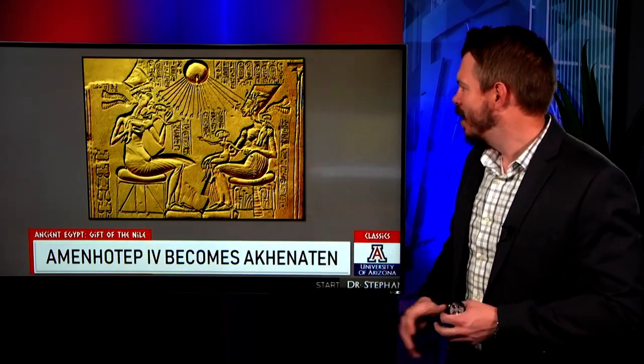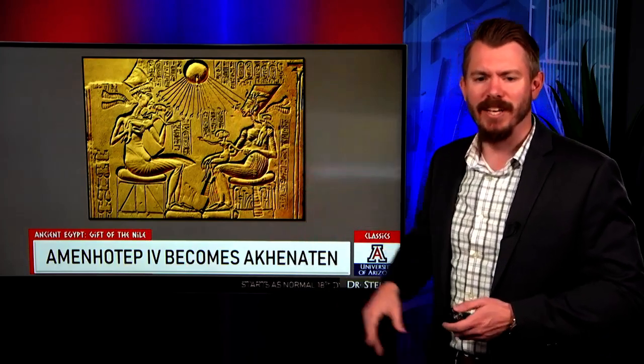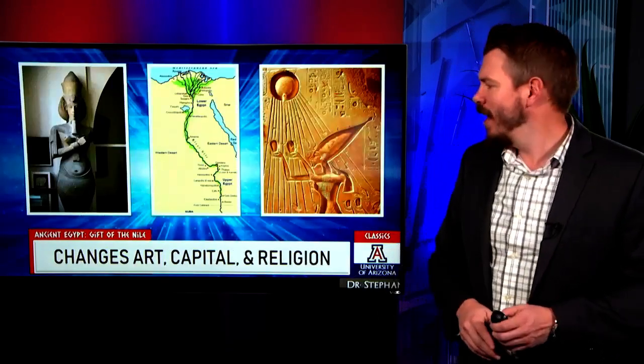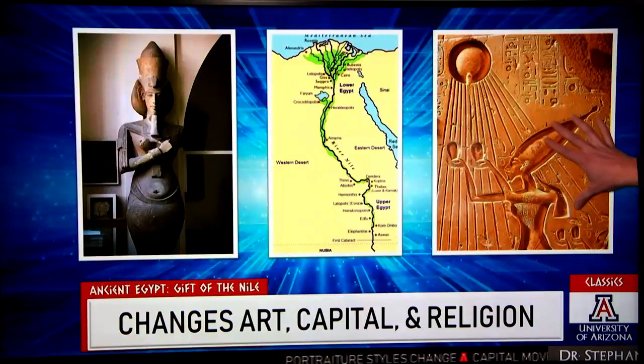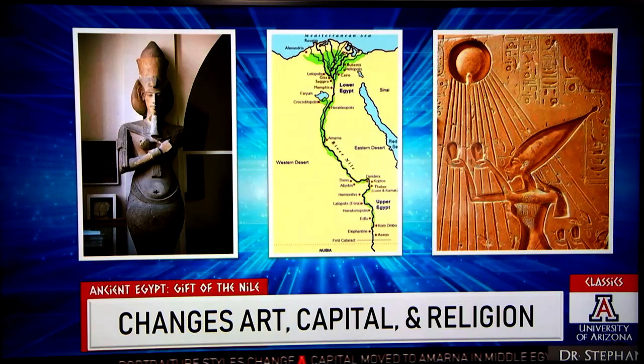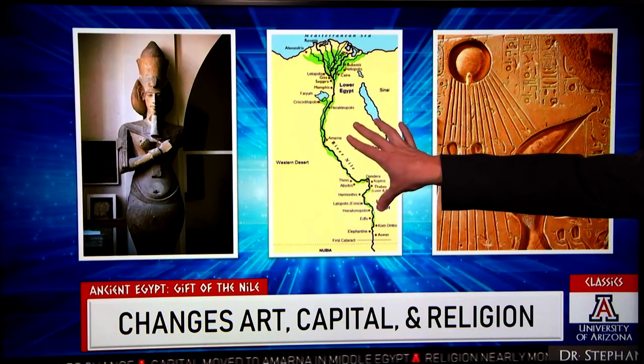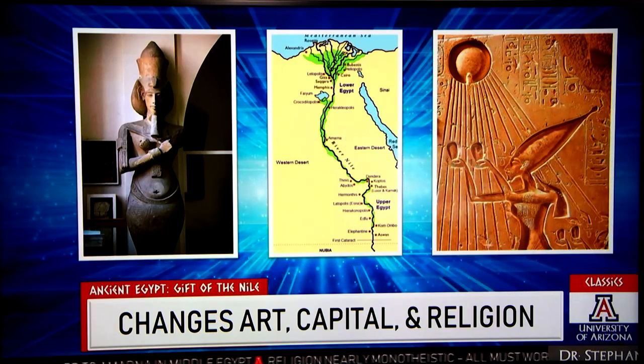So we've moved from this polytheistic culture of many different gods, maybe one being exalted above the rest, but still many in play, to a nearly monotheistic culture. And along with that, we see a near monotheistic focus on the Aten. We see a shift geographically in terms of where power resides.